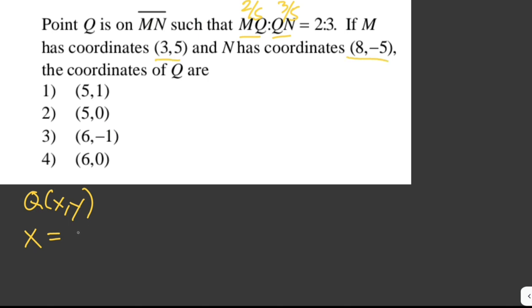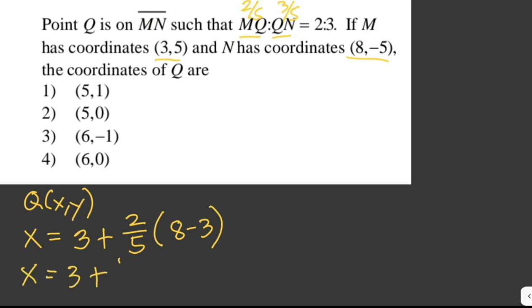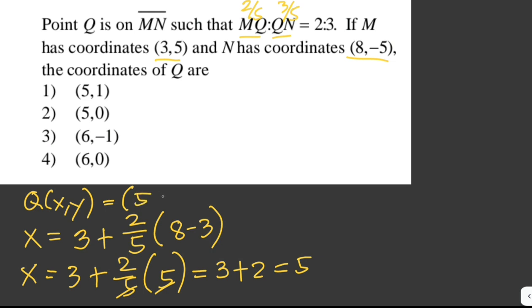That would be 3, the x coordinate of point M, plus 2/5 times the difference between the x coordinates of M and N, which would be 8 minus 3. So x is equal to 3 plus 2/5 times 5. The 5 cancels out, so we're left with 3 plus 2, which is equal to 5. Therefore, the x coordinate is just equal to 5.